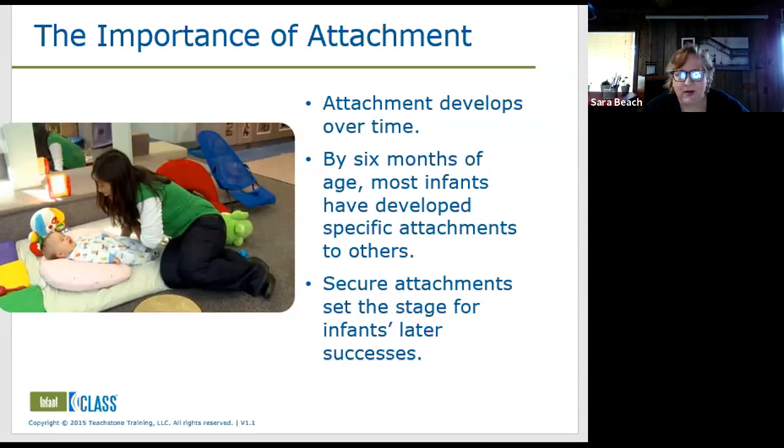Just out of curiosity, and you can put it in the chat box or you can unmute yourself, what do you look for as a trainer or a coach or an administrator? What do you look for when you walk into a classroom and you're focusing on the attachment or the social emotional needs of those babies?